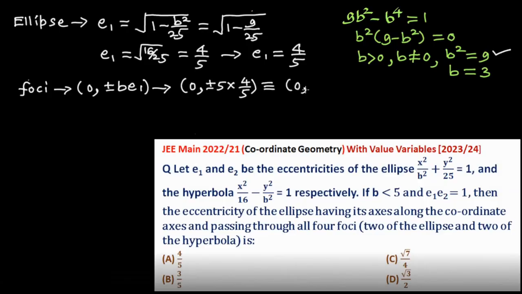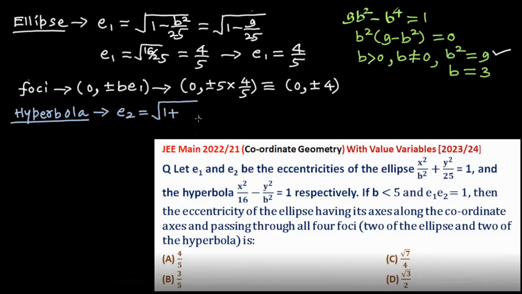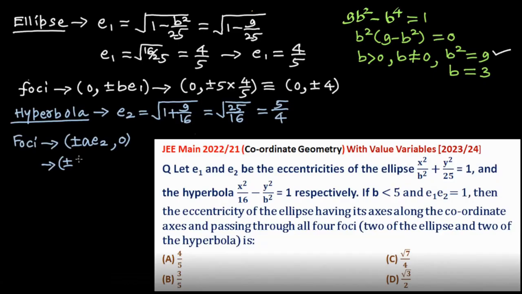That will be 0 comma plus minus 4. Now for the hyperbola, e2 is square root of 1 plus b square upon 16, 9 upon 16, square root of 25 upon 16, 5 upon 4, and its foci are plus minus a e2 comma 0, plus minus 4 into 5 by 4 comma 0, that will be plus minus 5 comma 0.